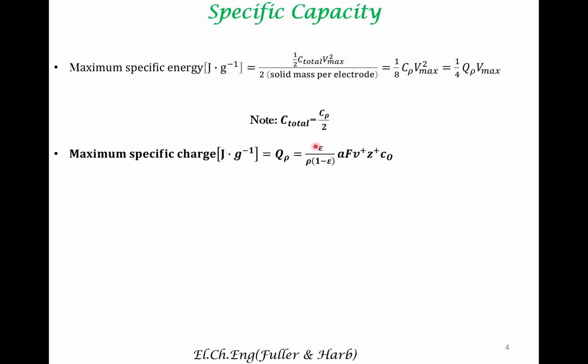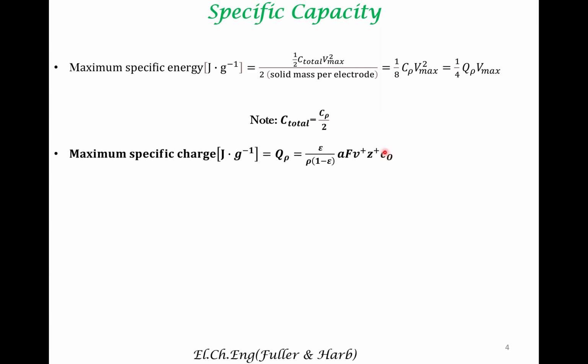Because it's a porous electrode, the electrolyte is filled inside the porosity, inside the porous material. So porosity times the volume available for the electrolyte to be stored gives you a measure of the counter ions that are present.